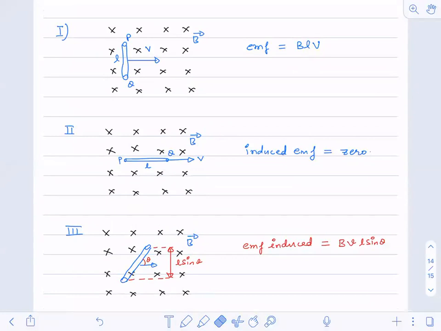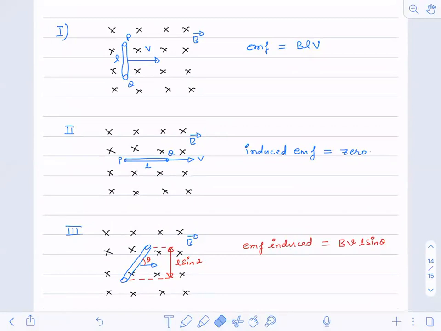Any doubt with this now? Is there any doubt? Yes. Anybody else who's having any doubt?